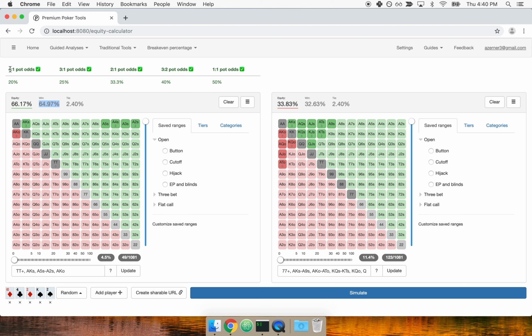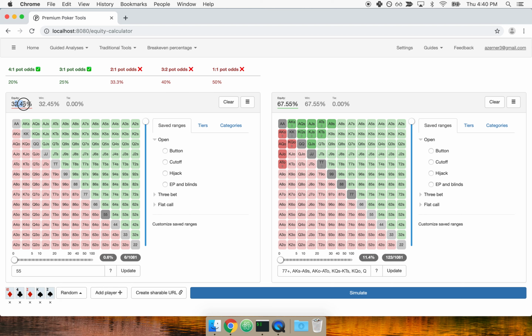One last thing I want to go over is this section here. Let's say pocket fives against this range. Pocket fives has about 32% equity against this range. What this is telling us is that if we had 3-to-1 pot odds, we would need 25% equity to justify calling, if we're in an all-in situation.